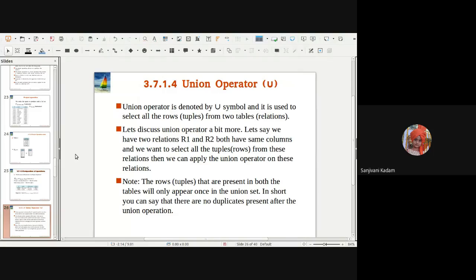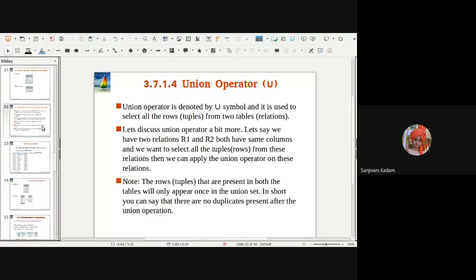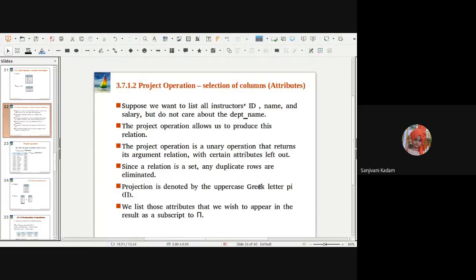That is the union operator. Before moving to the union operator, please read this for a minute, then we'll go for the next operation.